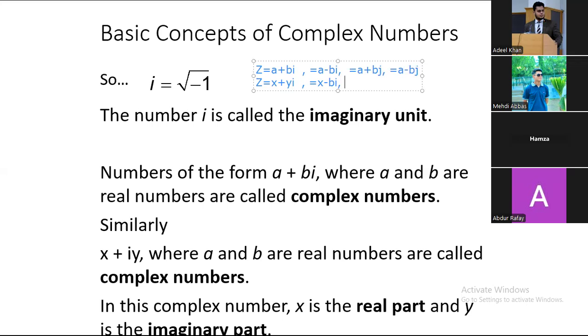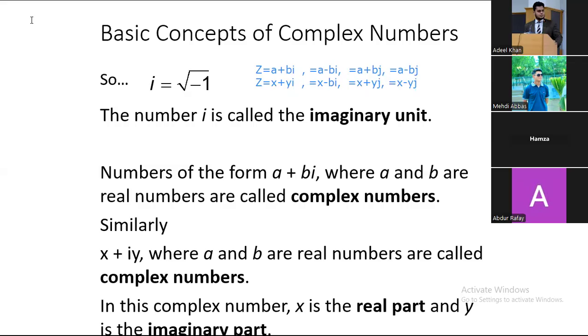Same as here, x plus y j, from equal to x minus y with j. So complex number in most of the books we represent with the iota i and with the imaginary value j as well. So there are a number of books which represent it this way.